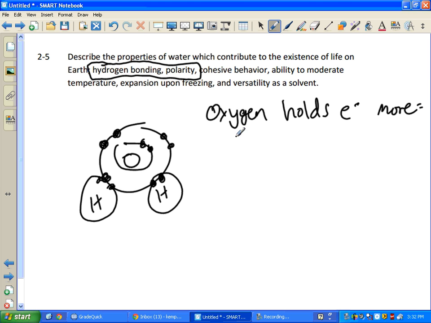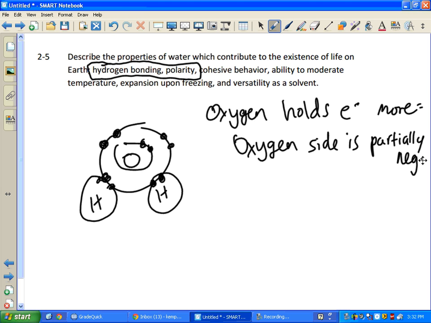So that means that the oxygen side of the molecule is partially negative because the electrons are over here more often. Even these electrons right here are closer to the oxygen than they are to the hydrogen. Even though they're still technically sharing, they're still technically both holding on, the oxygen's being greedy. So that means you have the partial negative up here and the partial positive down here.